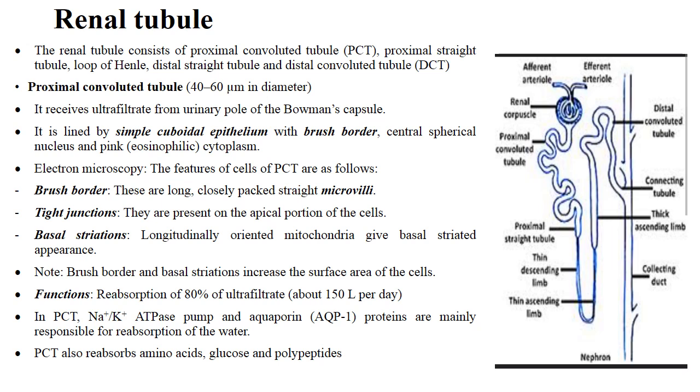The basal striations are longitudinally oriented; in the basal striations we can see longitudinally oriented mitochondria, and because of these mitochondria we have basal striations over the proximal convoluted tubule. The brush border and basal striations increase the surface area of the cell as its main function is absorption.